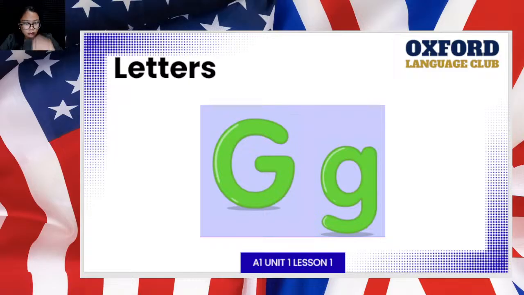Okay? What's this letter? This is letter G. How do we pronounce it? We pronounce it as G. Again, G, G, G. You rely on here, inside here, in making the particular sound. Let's try to look at some examples.